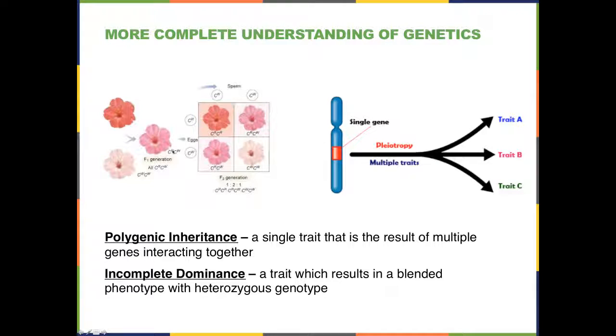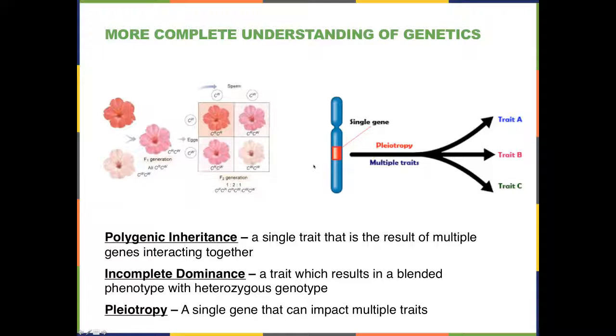But this is big R and little r. So this pink is a result of one being coded for pink and the other coded for white. This is coded for 2 white. This is coded for 2 red. This is homozygous red, the dominant, homozygous white, the recessive, and then heterozygous is a blending, or pink. So that's what's known as incomplete dominance.